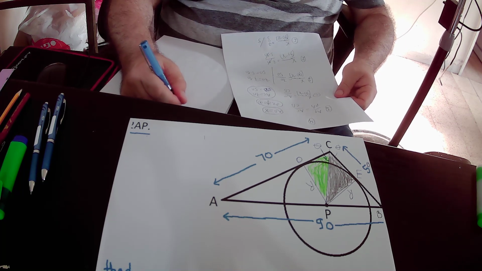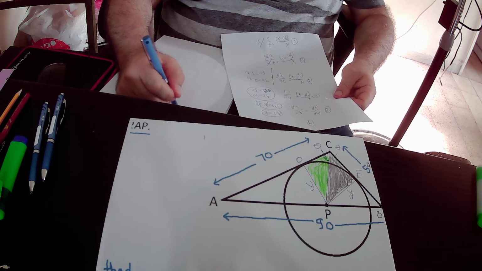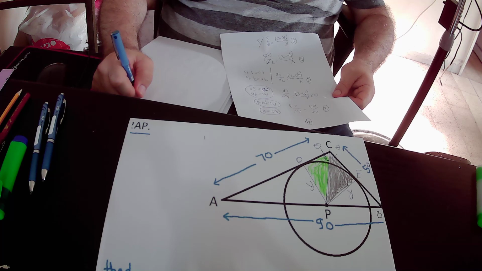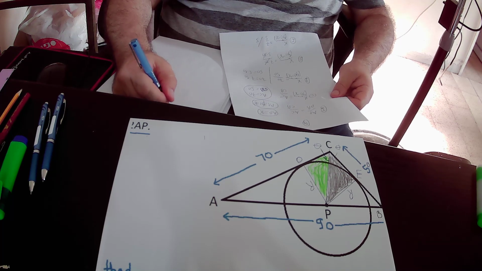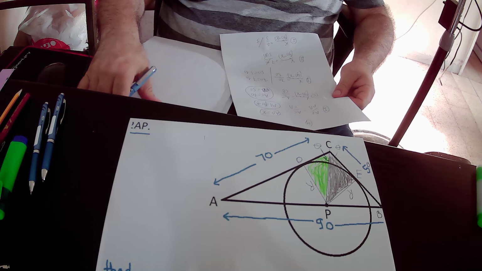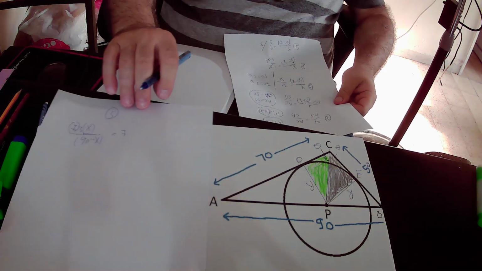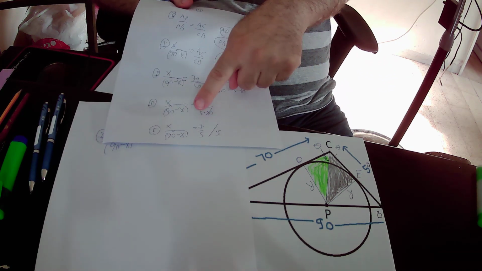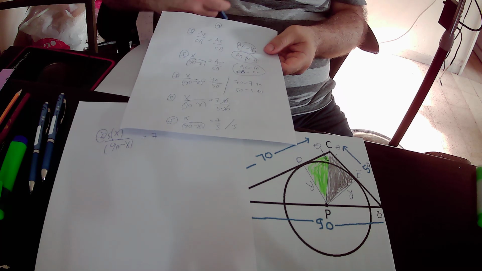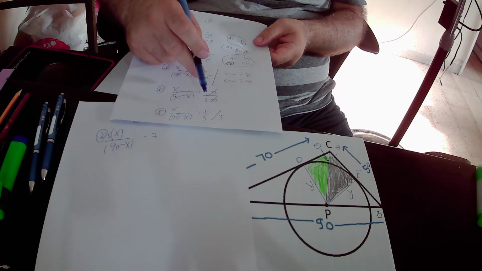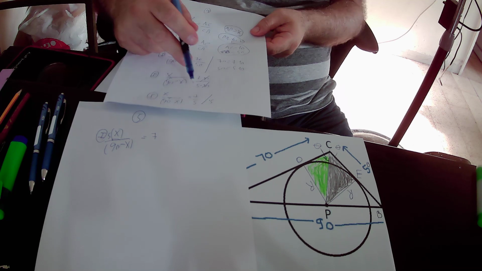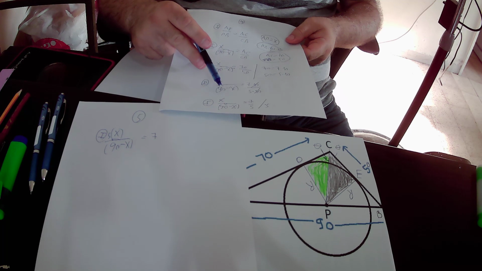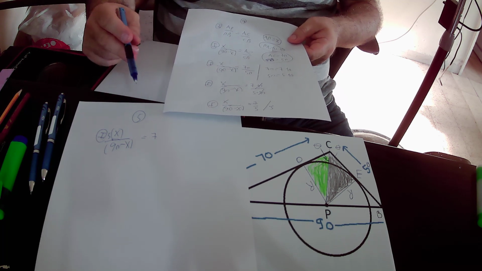So 7 divided by 5 times 5 equals 7, and X over 90 minus X times 5 equals 5X over 90 minus X.